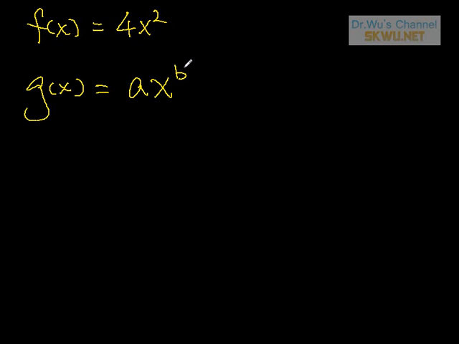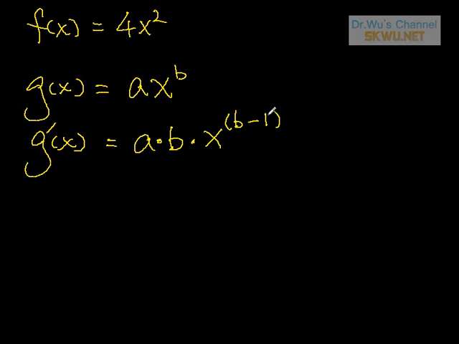If we want to find the derivative of g of x, then we can use this general form, which is a times b times x to the power b minus 1. Okay, it sounds very difficult, but what exactly is it?